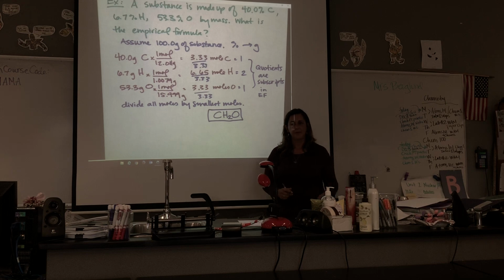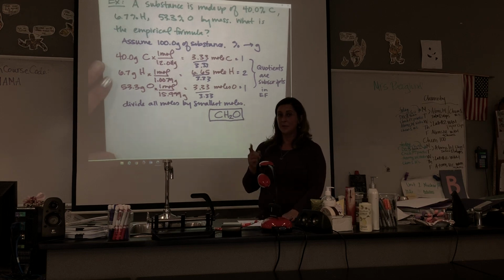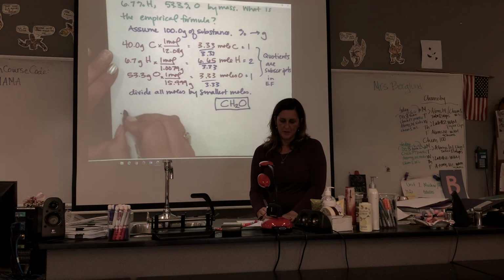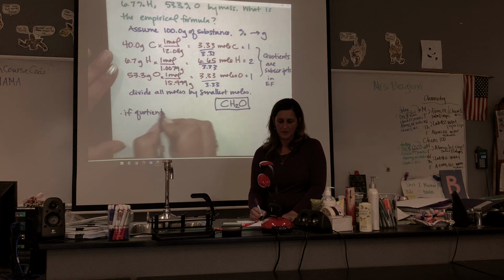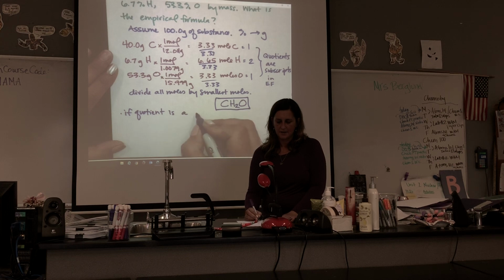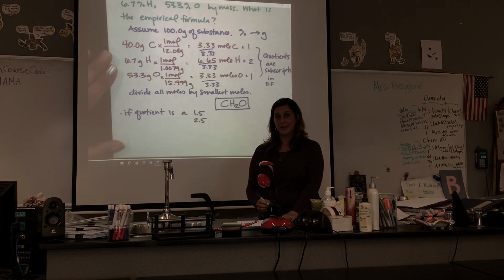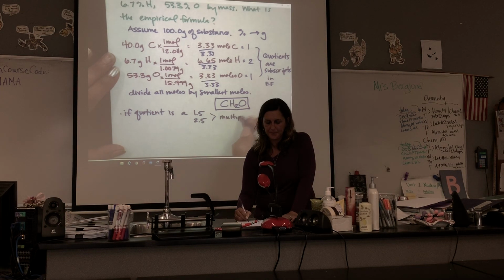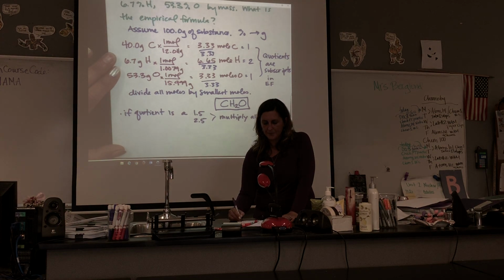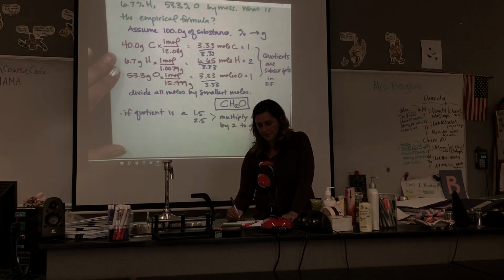Okay, so a couple things that you want to look out for. If the quotient is like a 1.5 or a 2.5, something like that, then you multiply all your numbers by 2 to get to whole numbers.